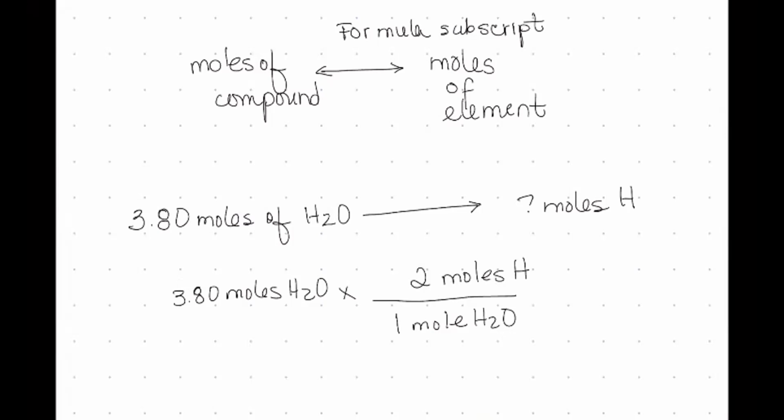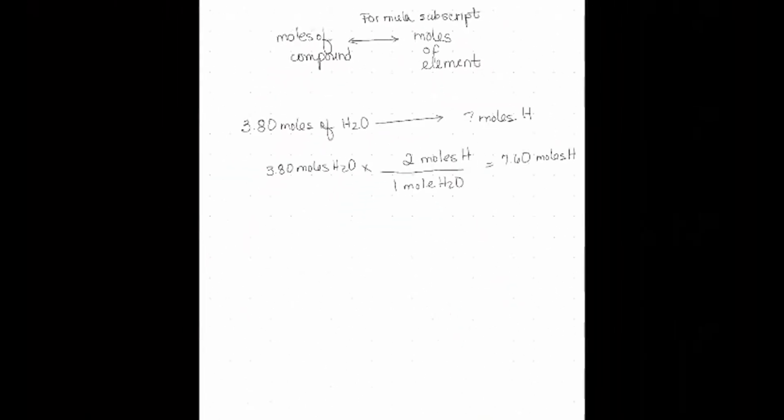So we're going to multiply those two, 3.80 times 2. And then you will say, oh, okay, this is 7.60 moles of H. So that's how you do that one.